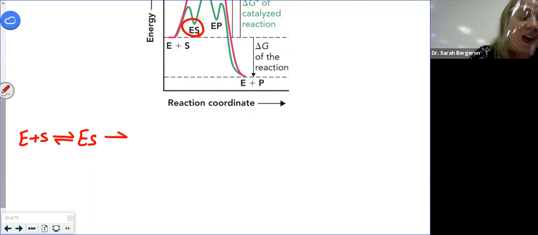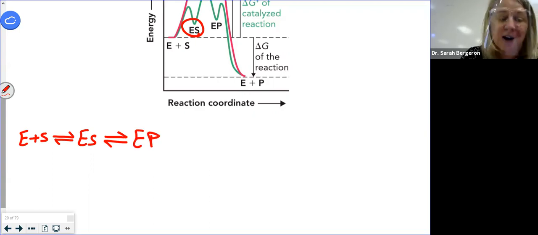So that's really another reaction where we're going to convert that into our enzyme product, right? But are we done? No, because we don't want the product still attached to the enzyme. So now what's our next chemical reaction?